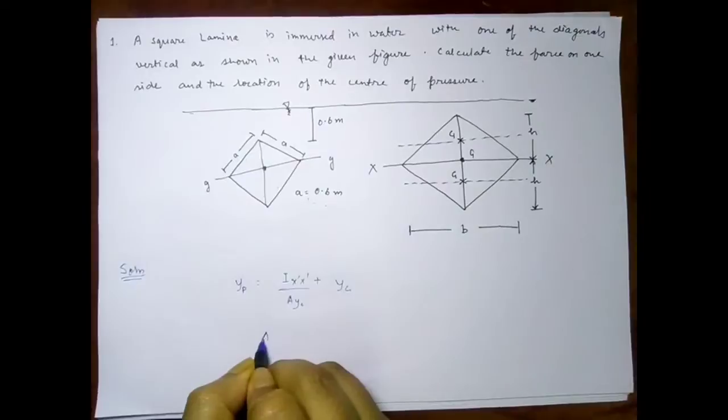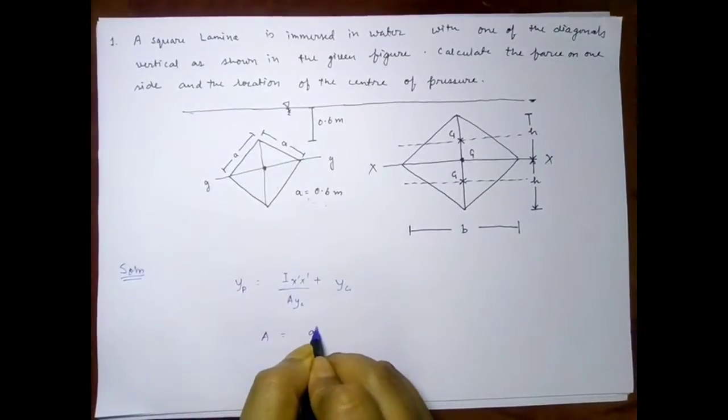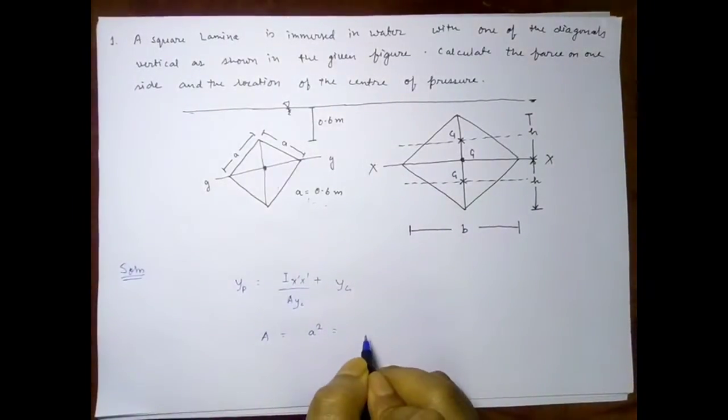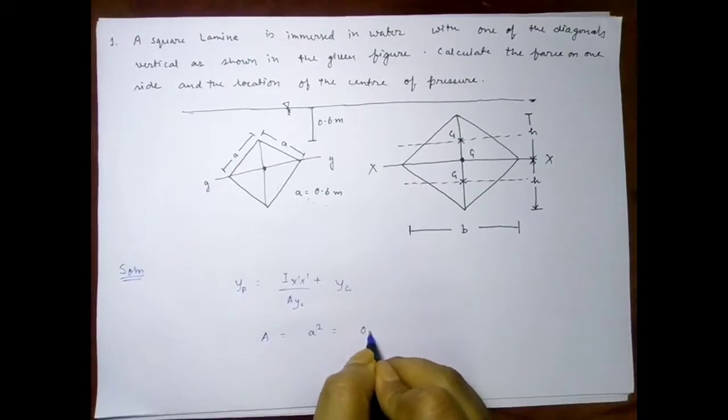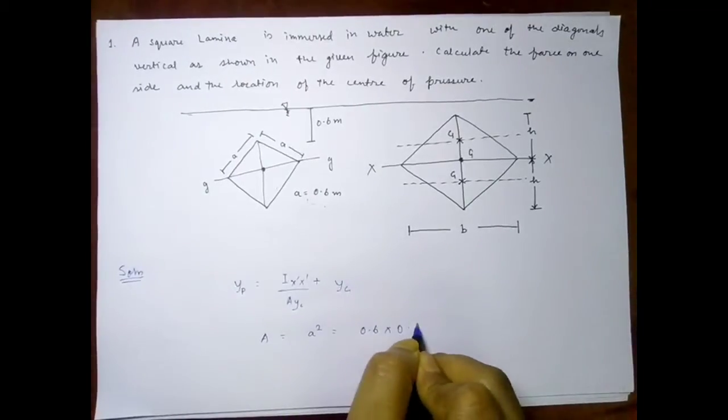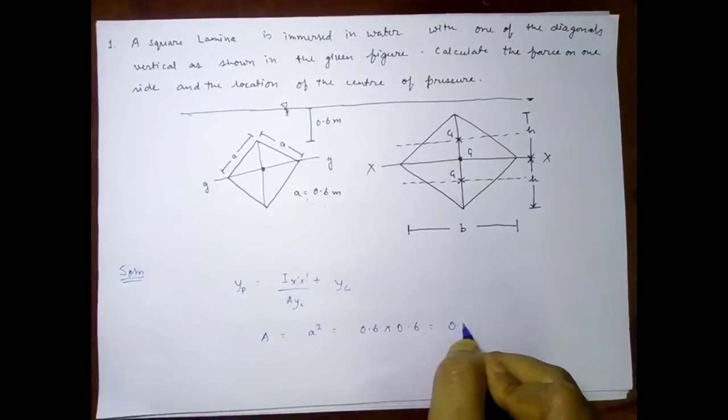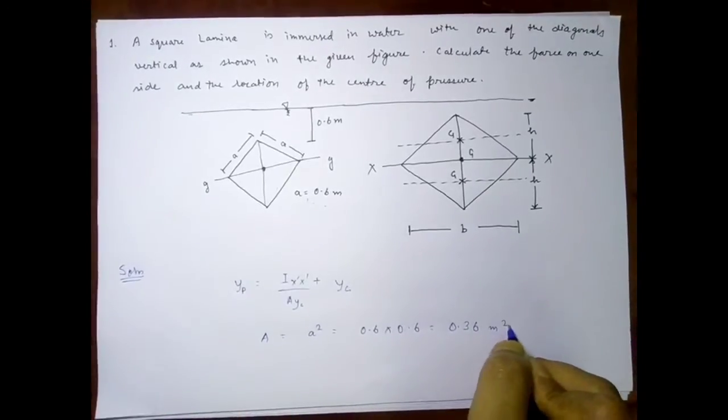Here A is basically the area, and that is a square, equal to 0.6 times 0.6, which is 0.36 meter square.